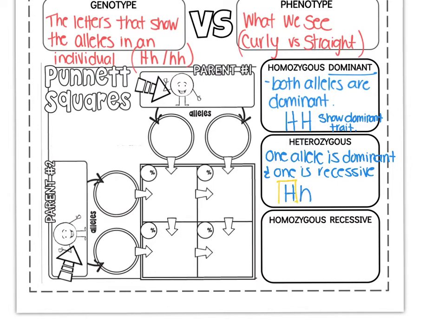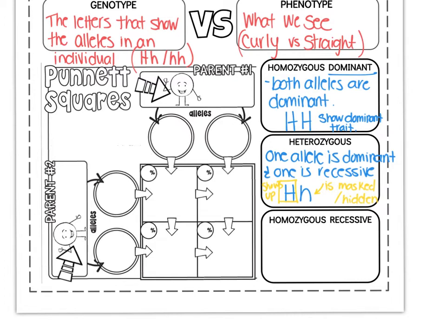Big H is the one we are going to see, the one that shows up. Little h is kind of masked or hidden. So this individual will have curly hair, but they are said to be a carrier of the straight hair gene.